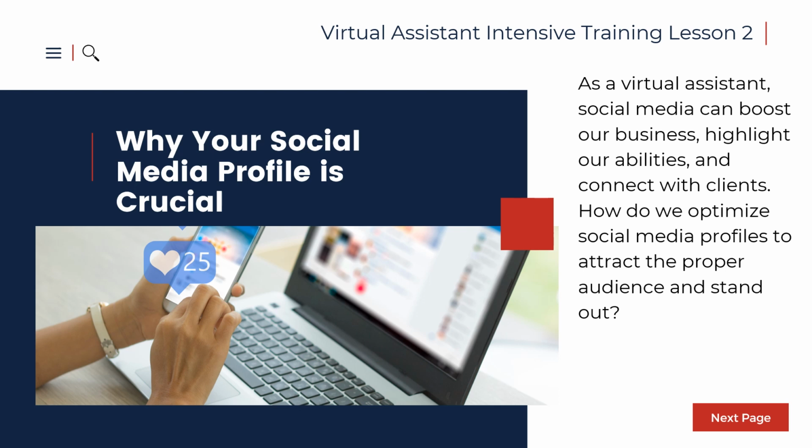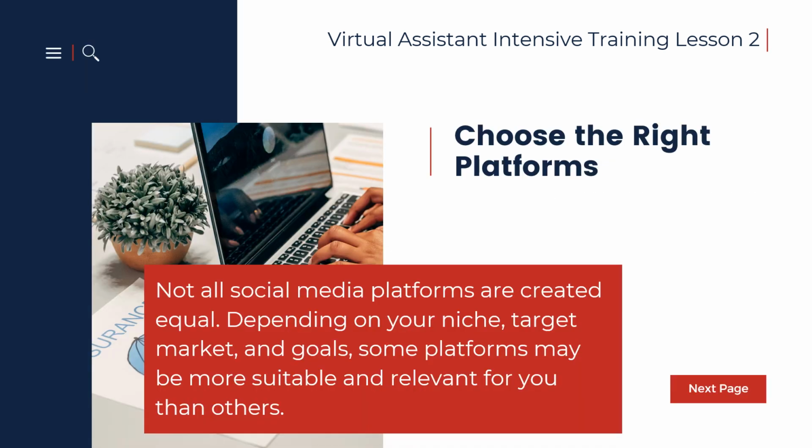on creating our professional profile. The first thing to do to optimize our social media profiles is to choose the right platforms. Not all social media platforms are created equal. Depending on our niche, target markets, and goals, some platforms may be more suitable and relevant for us than others.